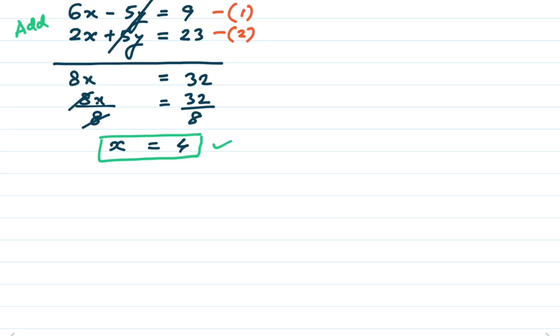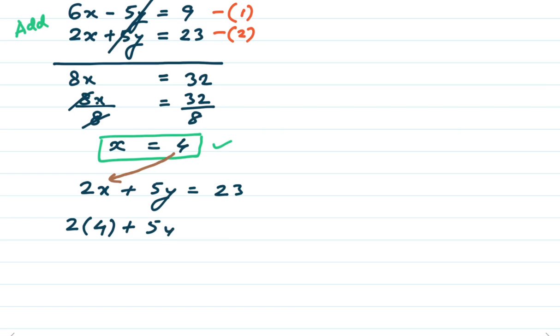Now for the value of y, let me take the second equation. My second equation is 2x plus 5y is equal to 23, and I'm going to replace this x with 4 here. So it will be 2 times 4 plus 5y is equal to 23.